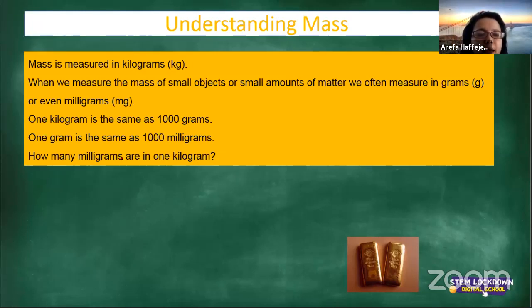So if 1 gram is equal to 1,000 milligrams, and there are 1,000 grams in 1 kilogram, we take 1,000 and multiply it by this 1,000, and then we will find out exactly how many milligrams are in 1 kilogram.